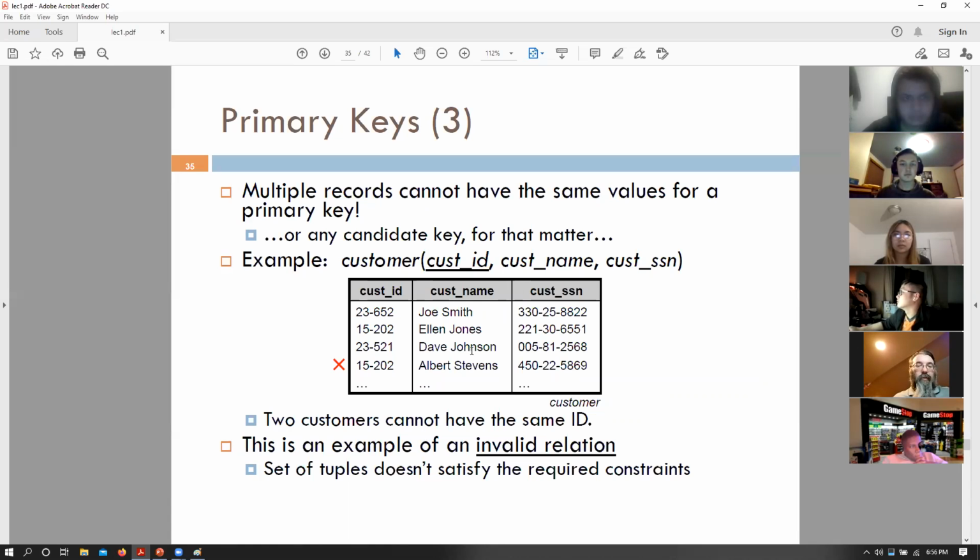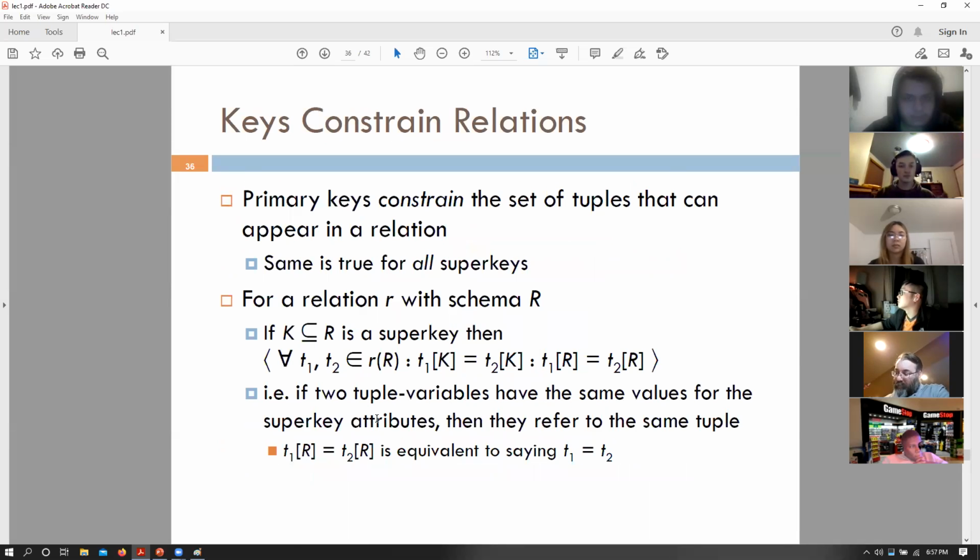So 15202, we have two primary keys across our table. So we cannot have that. And why? Because our primary keys need to be unique. Other things can be duplicates, branch names, values, what have you, but our primary keys should always be unique. So this is what we call an invalid relation, right?